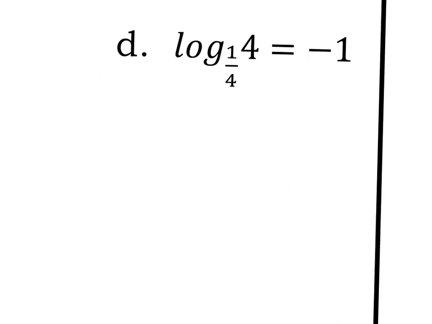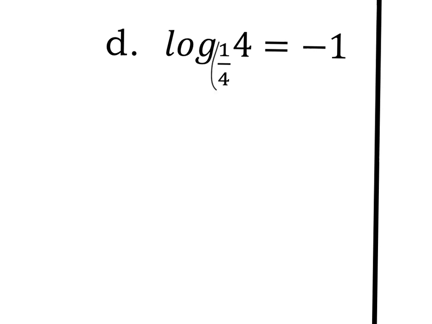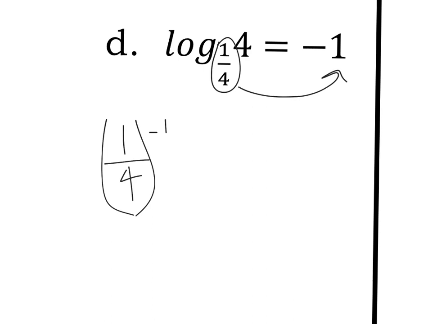Letter D, I have log base 1/4. So you can have fractions, you just can't have negative numbers for your base. So this says 1/4 to the power of -1, so I'll put that in parentheses, equals 4. Why is that so? What do negative exponents mean? Negative exponents make fractions.